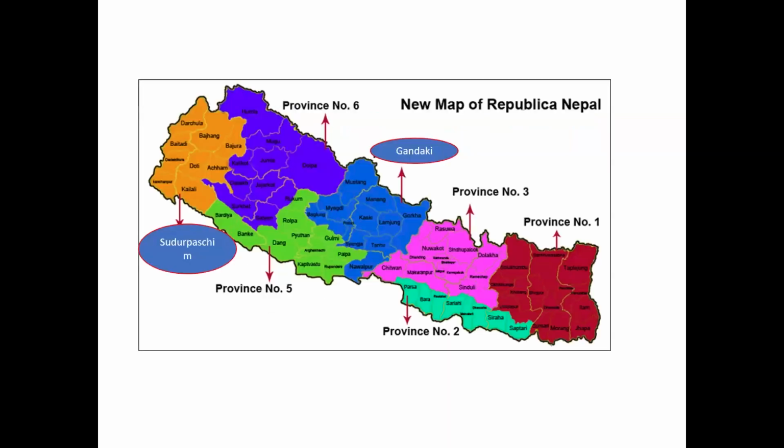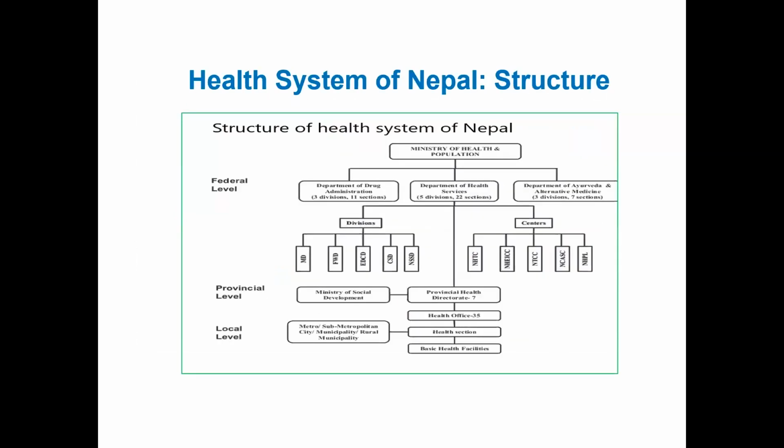Regarding SORMAS, this is the map of Nepal. We have been implementing SORMAS in 2 provinces of Nepal, Gandaki and Sudurpashchim, among the 7 provinces. Before I go to SORMAS, I would like to show the health system of Nepal.